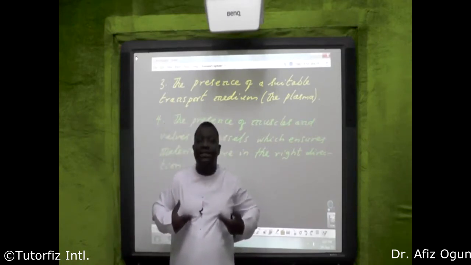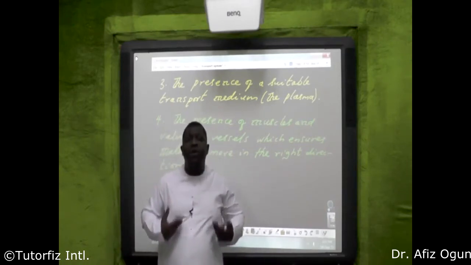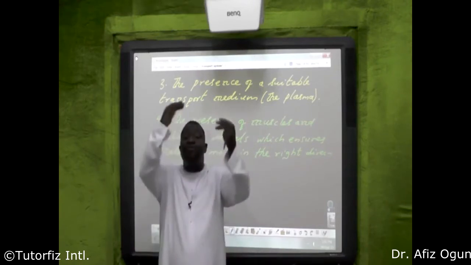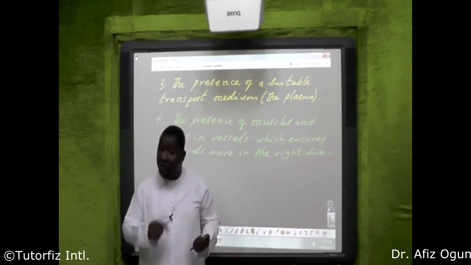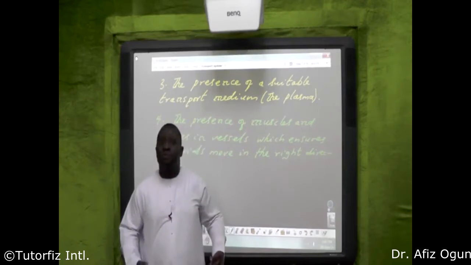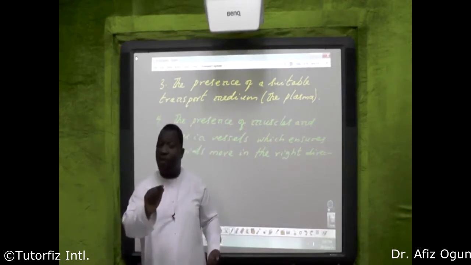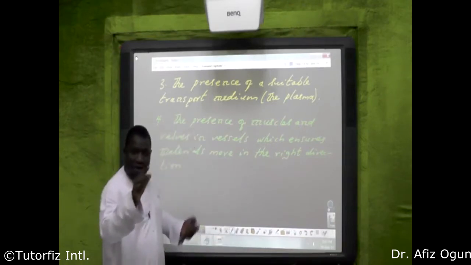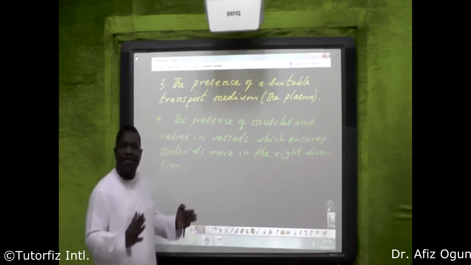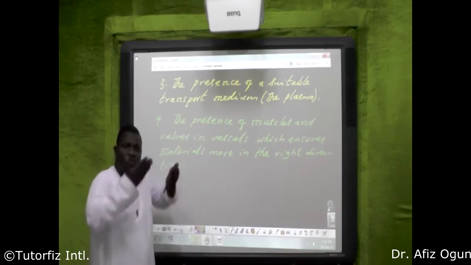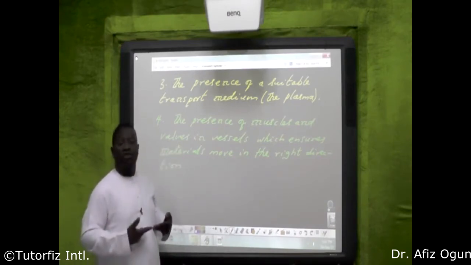Yes, we know that there is gravitational force, which pulls down. If you jump up, you fall down, but your blood from your leg will move up and will not fall down because of the presence of what? Valves and what? Your muscles in your leg. This helps to push it up, to direct it back to the heart.